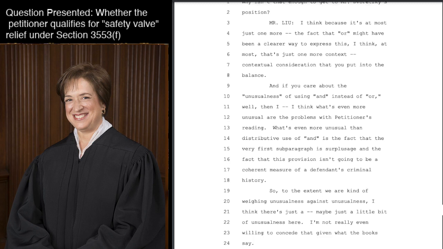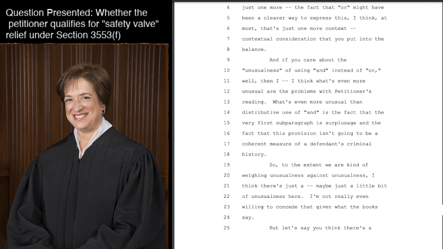And if you care about the quote-unquote unusualness of using and instead of or, well, then I think what's even more unusual are the problems with petitioner's reading. What's even more unusual than distributive use of and is the fact that the very first subparagraph is surplusage, and the fact that this provision isn't going to be a coherent measure of a defendant's criminal history.